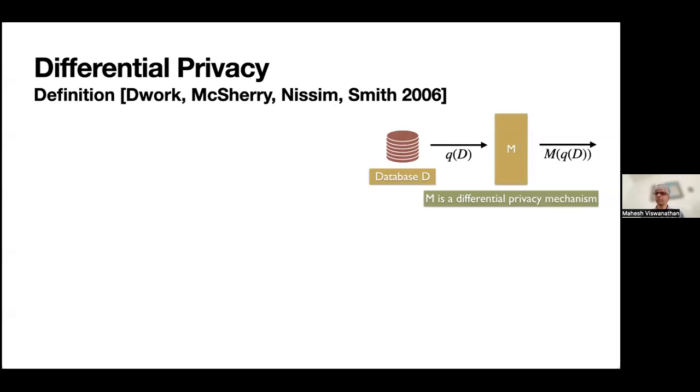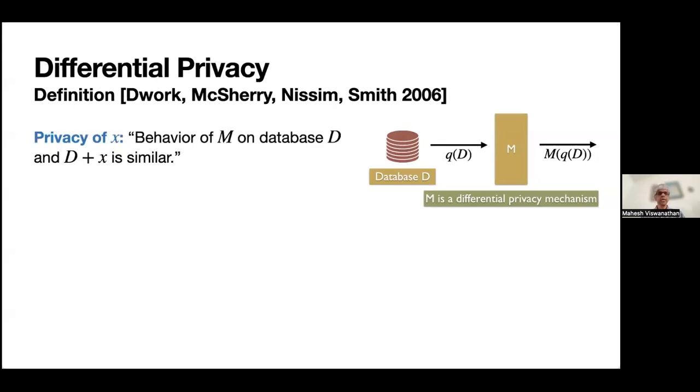in reaction to those answers. And the key idea in differential privacy is to ensure the privacy of every individual. The way that is ensured is by demanding that the differential privacy algorithm's answers are similar, whether the algorithm is interacting with a database D or whether it's interacting with a database with the information of one more individual.